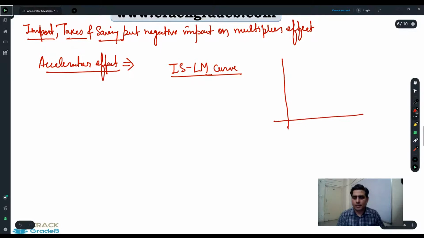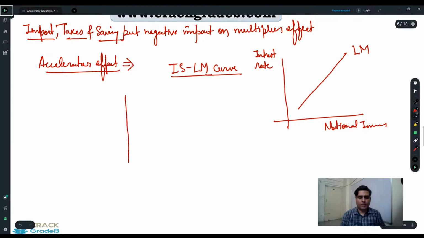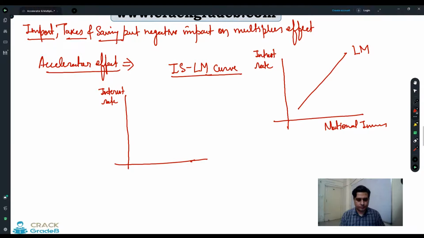This curve where we put the interest rate and national income, LM, and we have put interest rate and demand of money, IS curve.